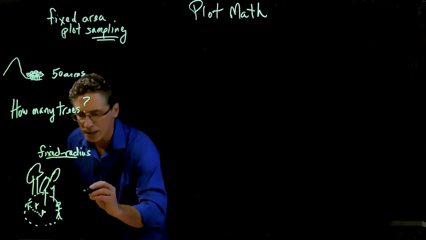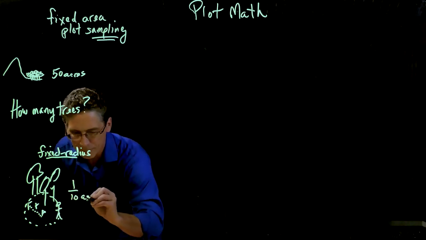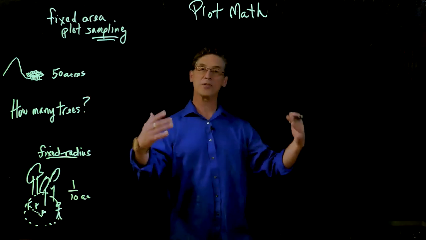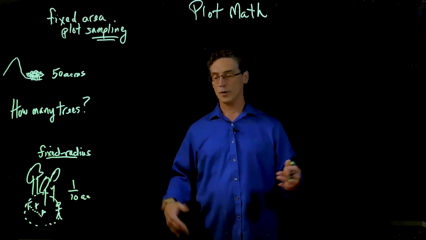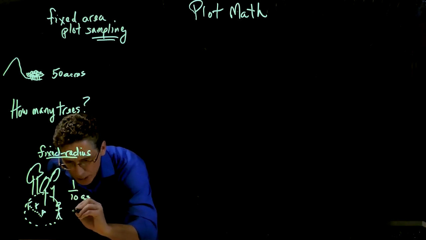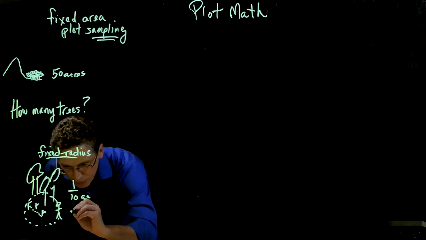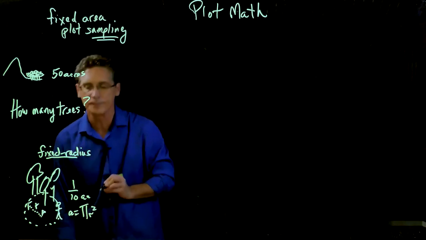A common plot size is a 1/10 acre plot. That means that the area of the circle is 1/10 of an acre, and 10 of them would be the equivalent of 1 acre. So if we go back to our basic geometry, the area of a circle equals pi times the radius squared.